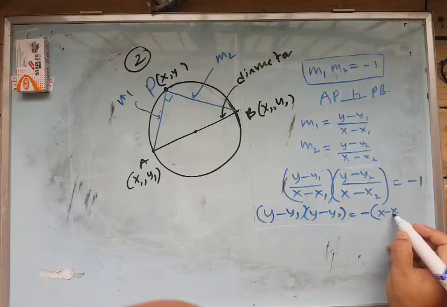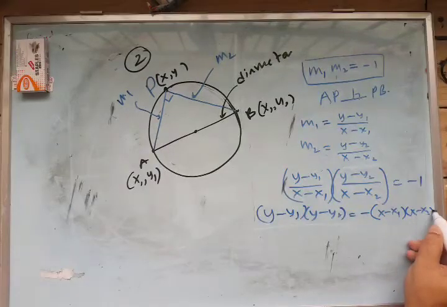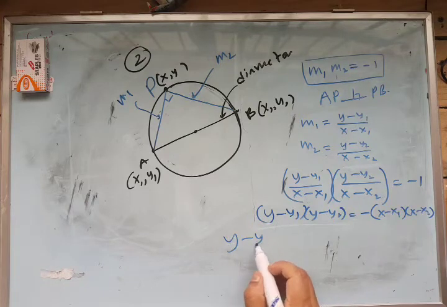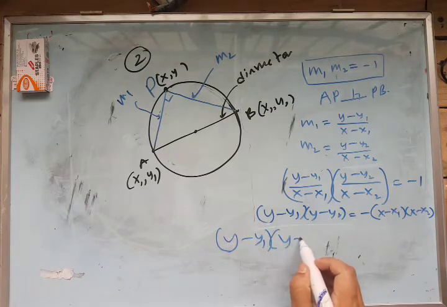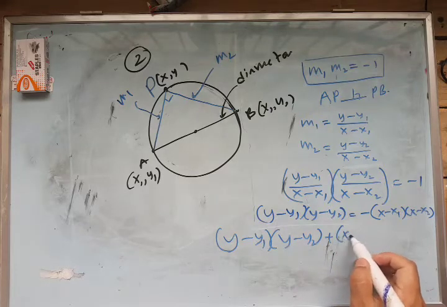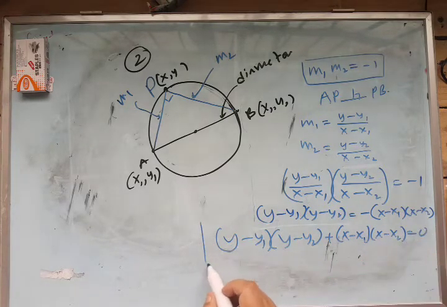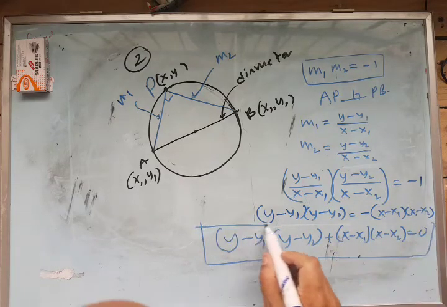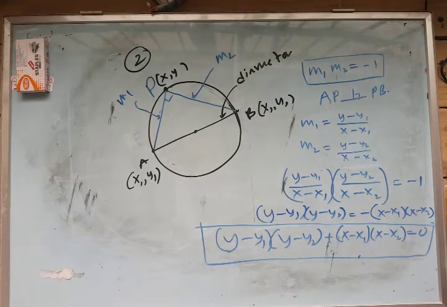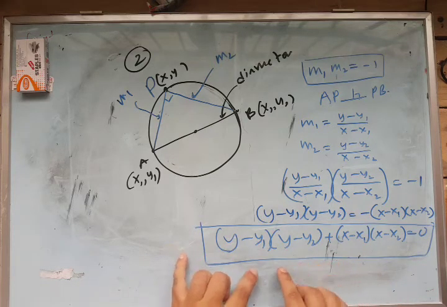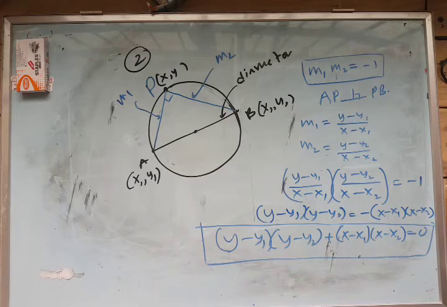You get (y minus y1)(y minus y2) plus (x minus x1)(x minus x2) equal to 0. So this is another characteristic equation of a circle. You can simplify this more, but this is the simplest case because it is in factored form.